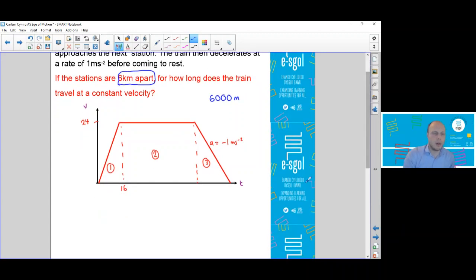Okay. We don't really know enough about section 2 to do anything there. We don't really know much about section 3 either. We've only got the 24 and the minus 1. So it looks like we're going to have to start with section 1, where we know that U is 0, V is 24, and T is 16. And what do we want to know? Well, we want to know the area, really, because otherwise, what are we going to use this 6,000 for?